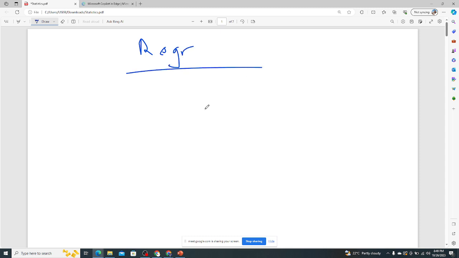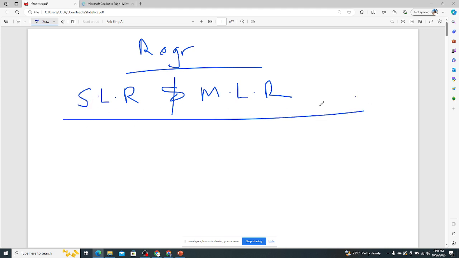Under regression analysis, we are going to deeply discuss linear regression, and also give an illustration on multiple linear regression. So this is simple linear regression and multiple linear regression.